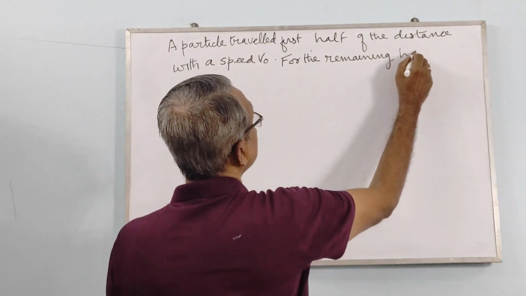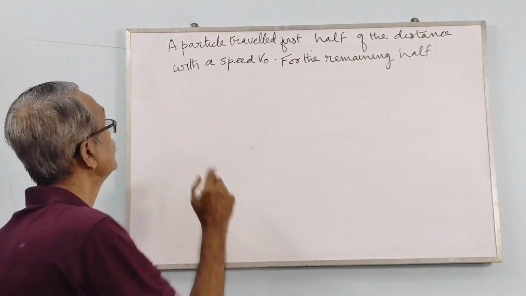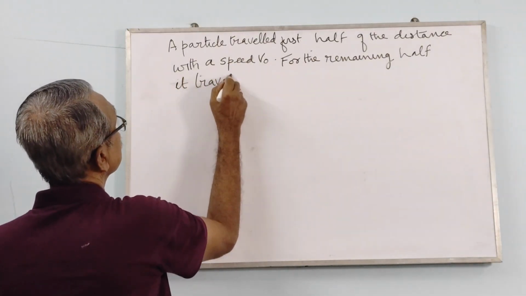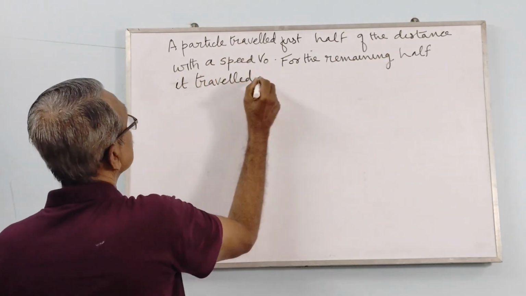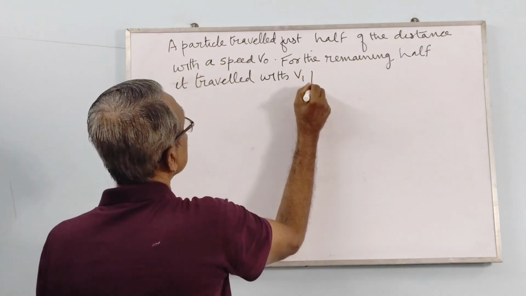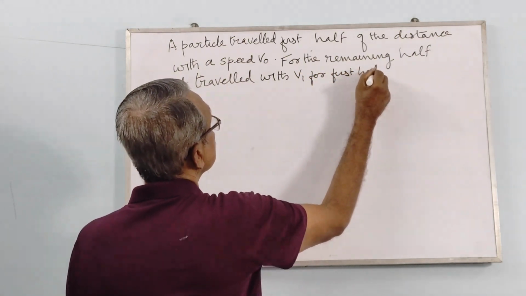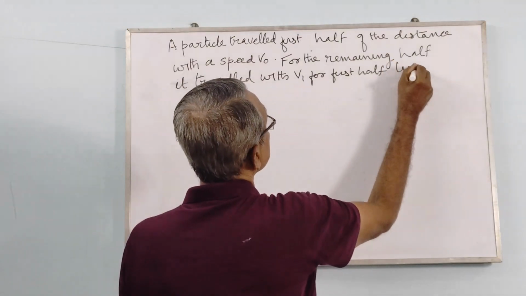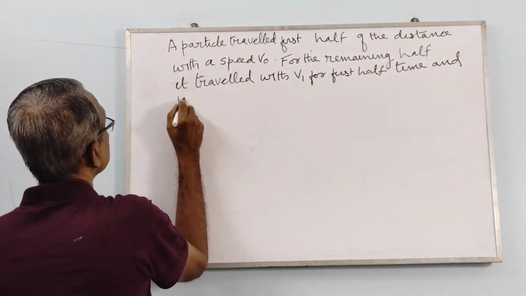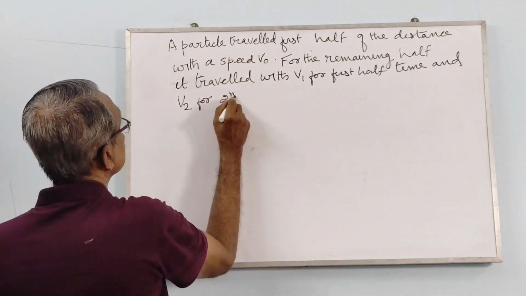For the remaining half, he travelled with v1 for first half time and v2 for second half time.